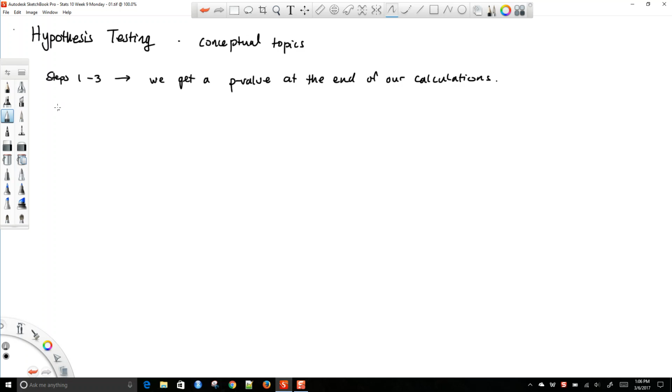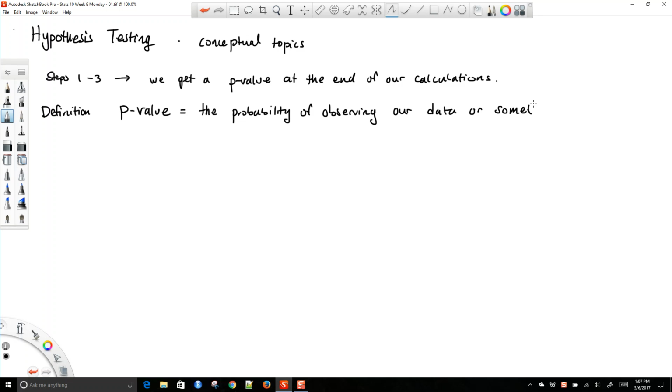The definition of the p-value is that it is the probability of observing our data, or something more extreme, if we assume the null hypothesis is true.